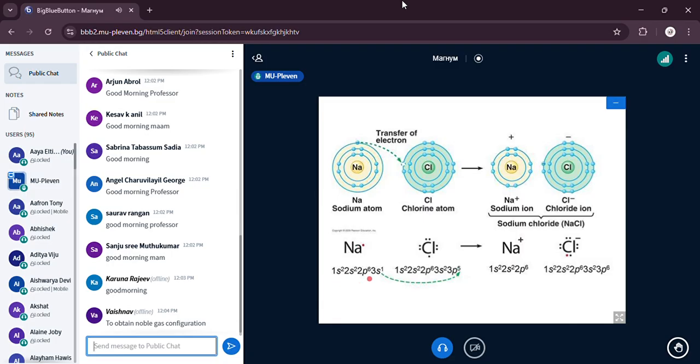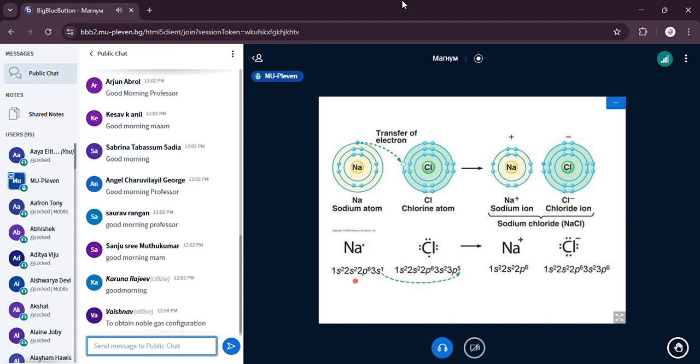Looking at this configuration, we can see that at the 3rd electron shell, sodium has a 3s atomic orbital, 1 electron. Chlorine has a 3p atomic orbital, 5 electrons.